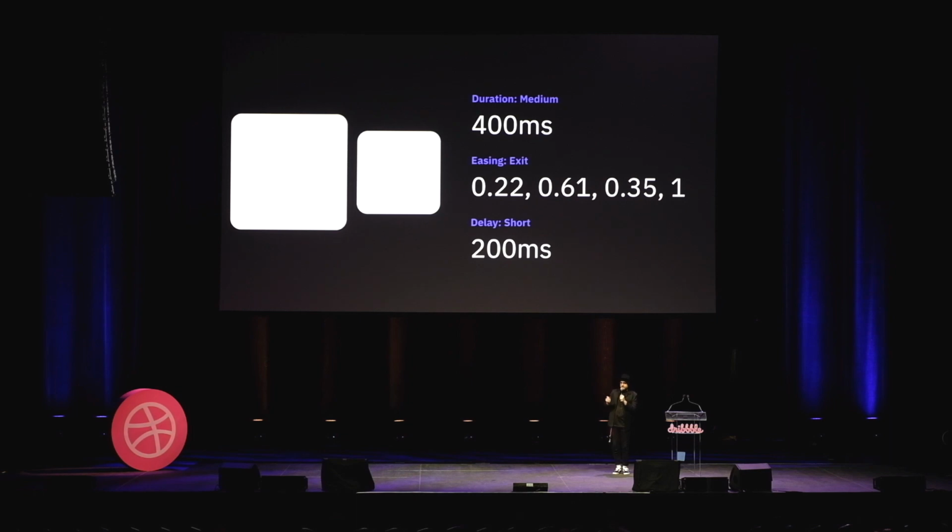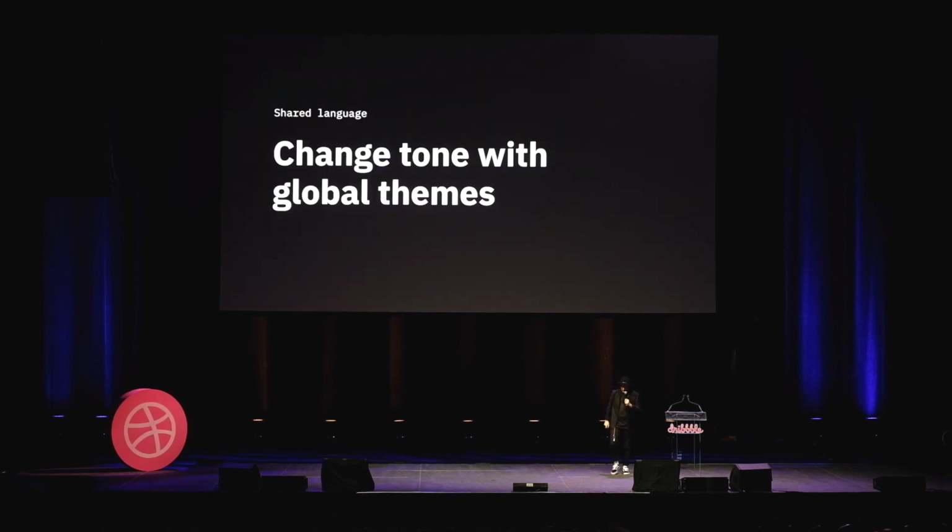So while this is a really simple example, there are opportunities to take this to the next level. What I mean by that is there are certain parts of your application where you might want to change tone. Maybe for this example, you wanted those things to be quick and snappy, but at another time, you might want something to be a little more celebratory.